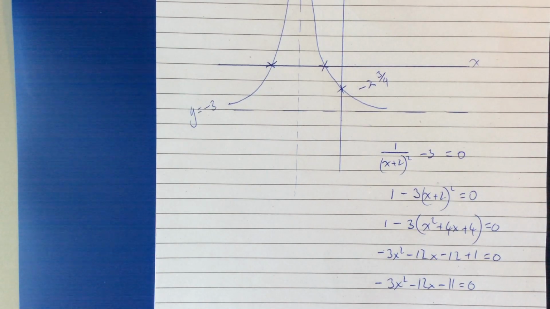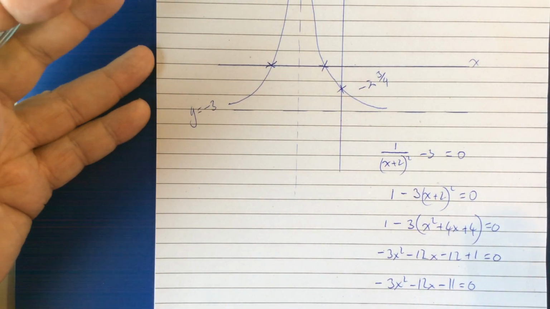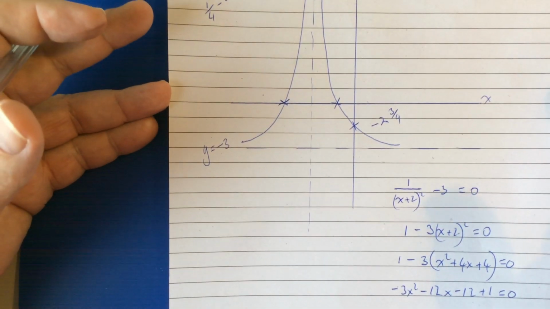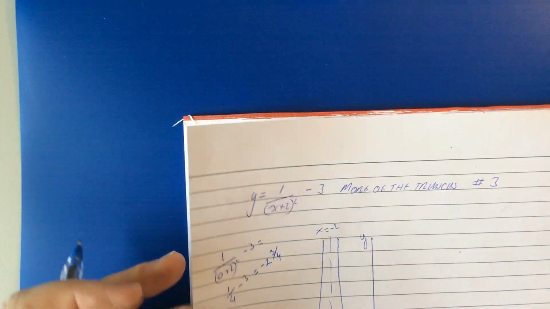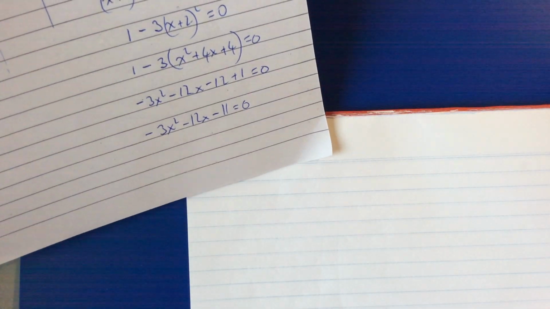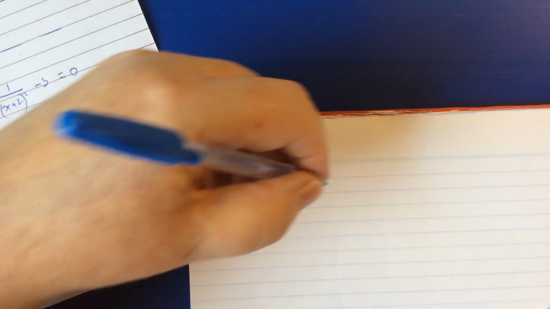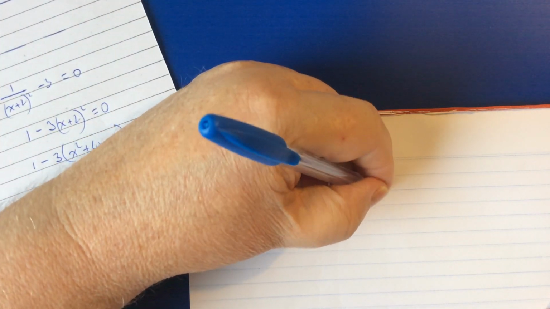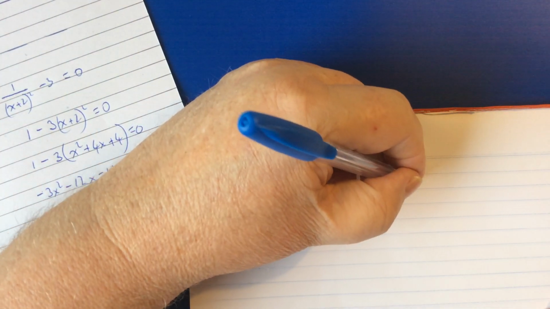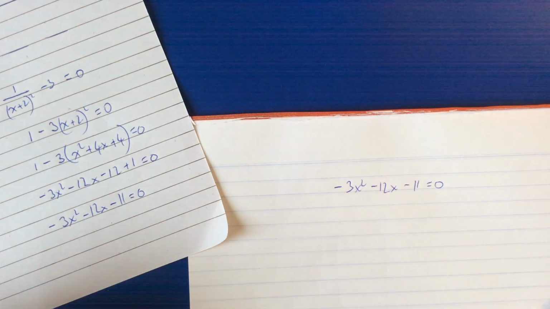So how am I going to do that? Well, I'm going to use the quadratic formula. I don't want to be completing the square, so I'm just going to set this page to one side, and hopefully we can just see what it is in that top left-hand corner that I have to solve. So let's set this up: -3x squared minus 12x minus 11 equals 0.